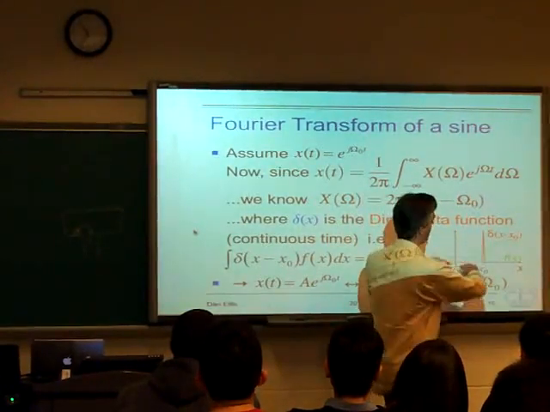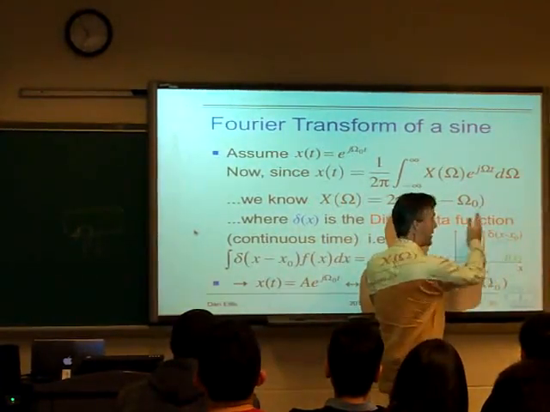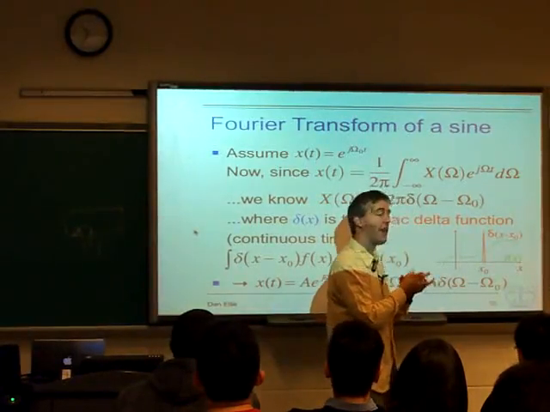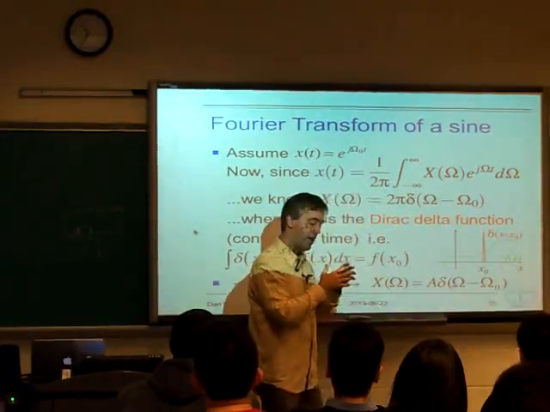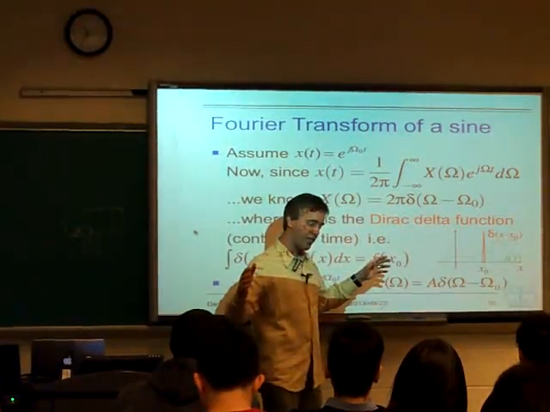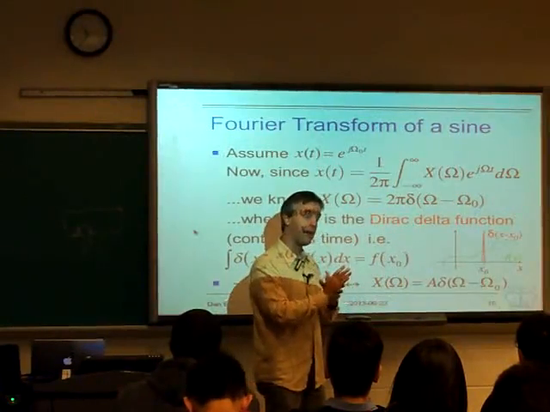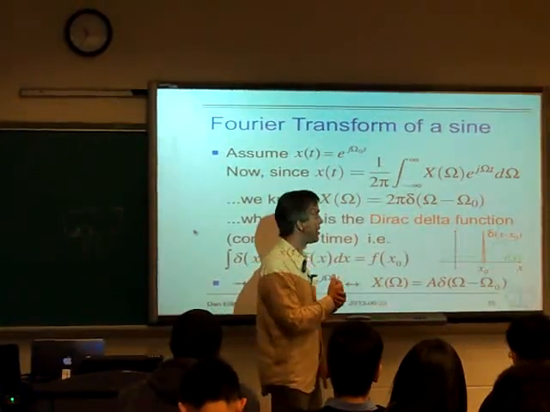So now there's this frequency variable, and it's 0 everywhere, but it's just got this impulse at a particular frequency. And so that's the idea that the infinite duration signal in time becomes this impulse in frequency at the frequency of the sinusoid.